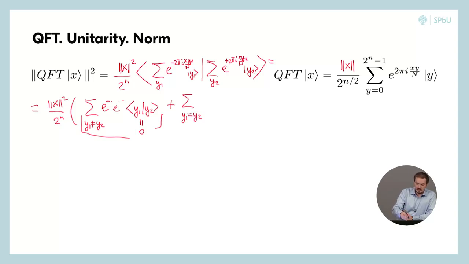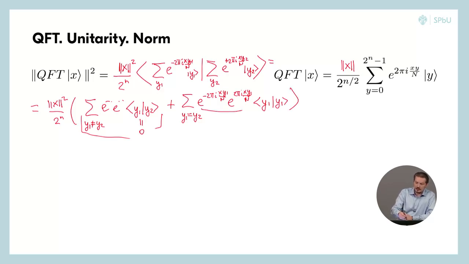Plus the sum over equal y's, e to the minus 2πi x y1 divided by N, and since y2 equals y1, we can write the exponent 2πi x y1 again divided by N, multiplied by <y1|y1>.